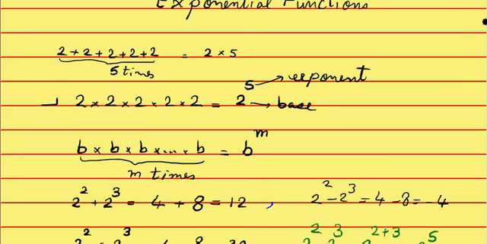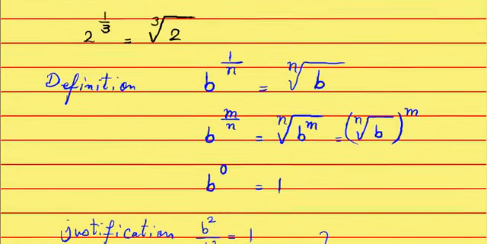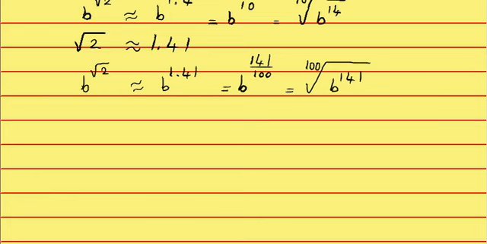Next issue that I want to talk about very briefly: some other rules of exponents that you're familiar with. So far we have had only one base. What if I have two bases, one base and then another base multiplied with each other and then raised to an exponent?